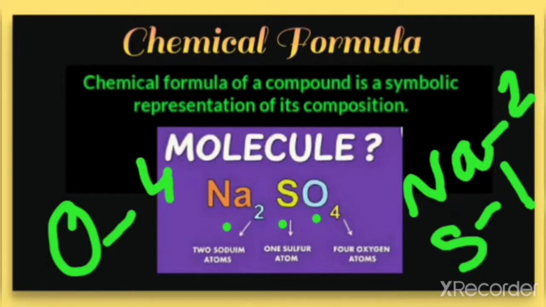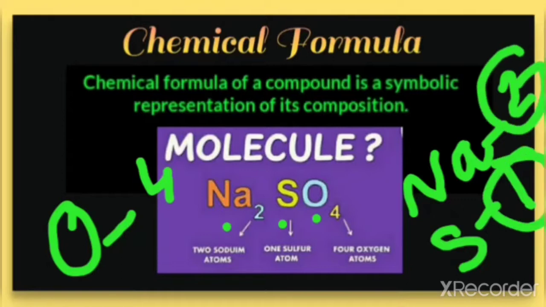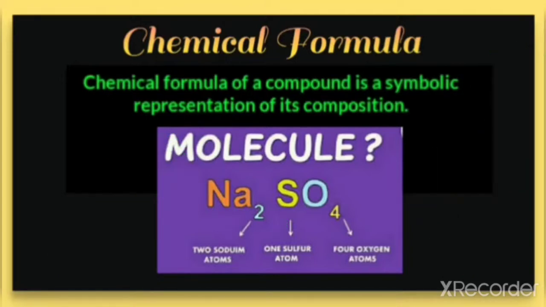So we are representing the symbols of the elements present in the molecule and its composition. Its composition means how much of each is present. That composition, represented in symbolic form, is called the chemical formula.